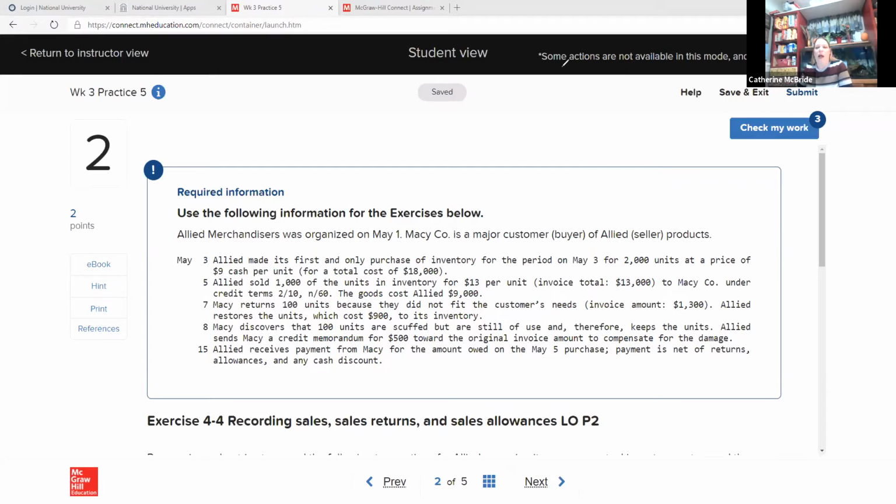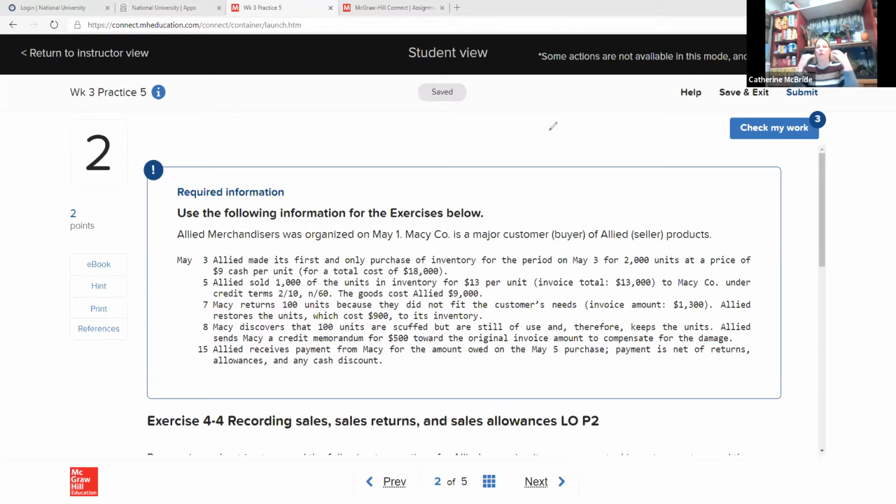Now, the first entry here, Allied is purchasing the inventory to resell. And then the rest of the entries, Allied is reselling that inventory. So we've got two different things happening here.